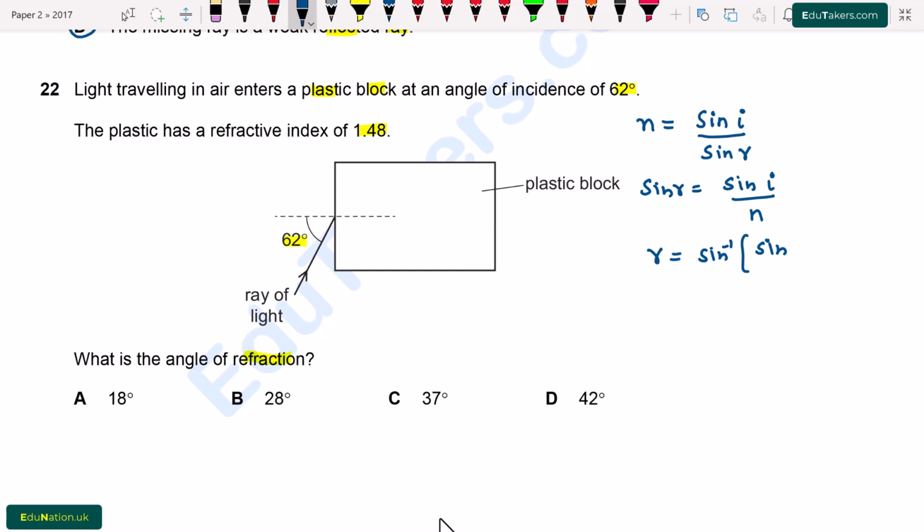So I write here 62 degree divided by n. n is 1.48. So the angle of refraction will be equal to 37 degrees. Now we see the options. Option A 18 degree, B 28 degree, C 37 degree. From here option C is correct.